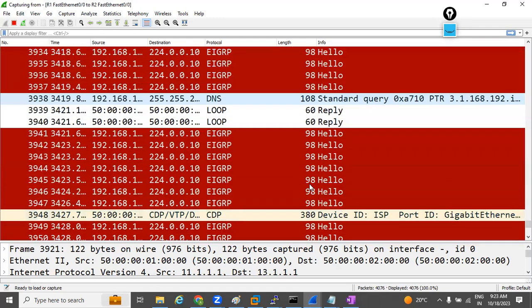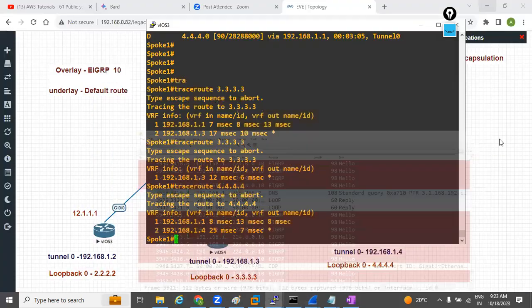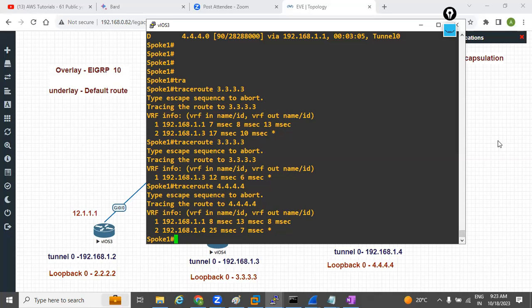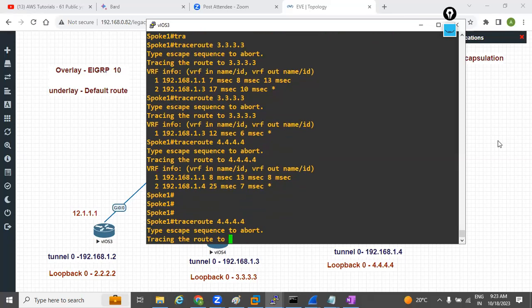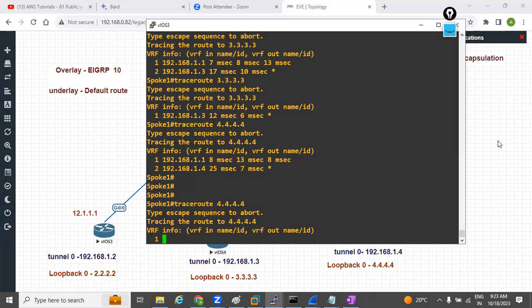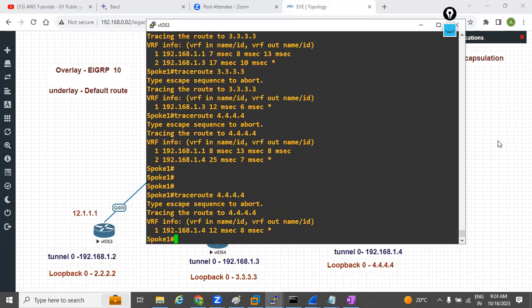So they're just telling you this is your best path, I'm not the best path. Okay, who's the best path? You can communicate directly. So it's informing both devices. This is about 4.4.4.4, and if you do it again this time it is directly. Clear or not?